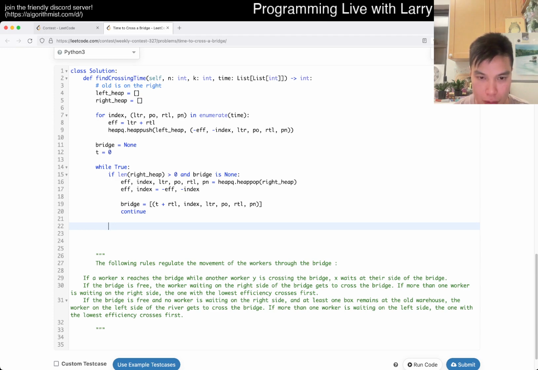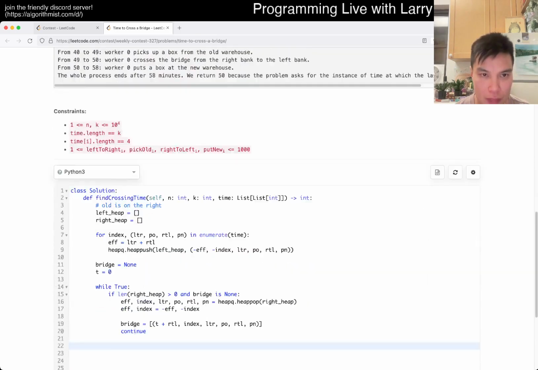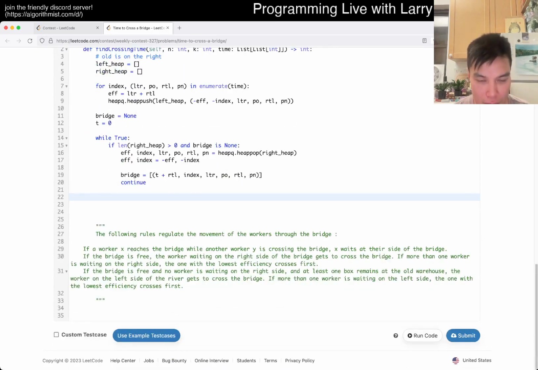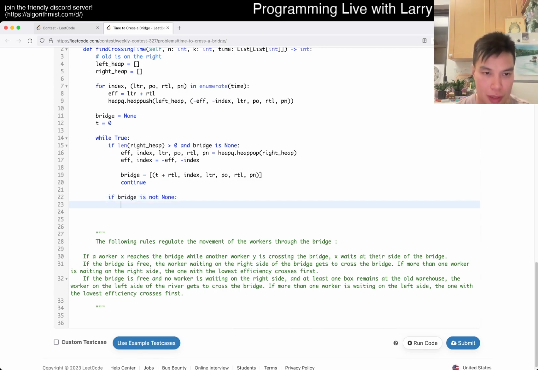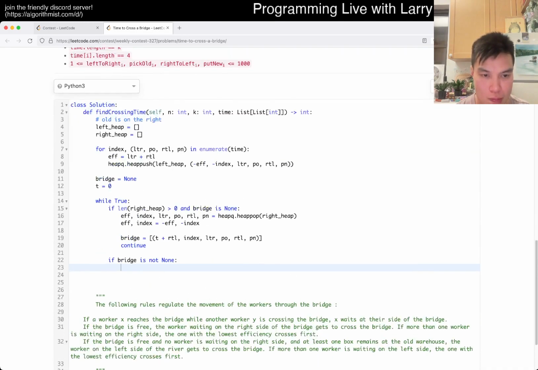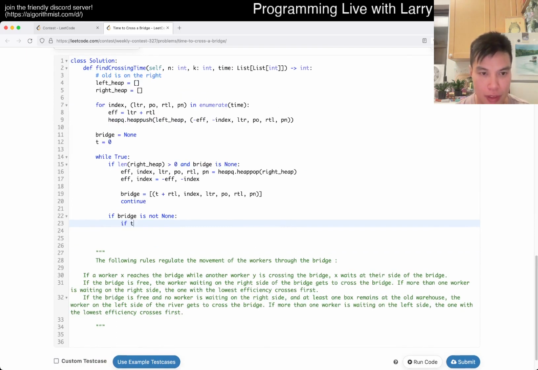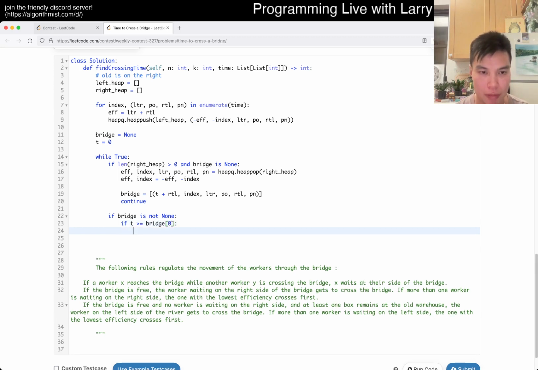Wait, loss efficiency is the one with the higher number, right? Okay. The way that they say it is so silly. Okay, otherwise, if bridge is not none, then someone's on it, and if t is greater than or equal to bridge of 0, then bridge is equal to none, maybe.